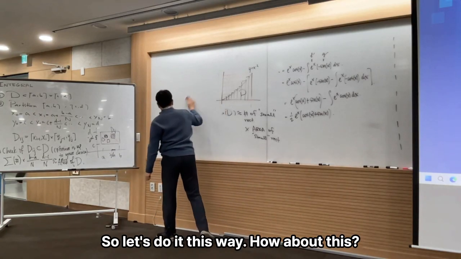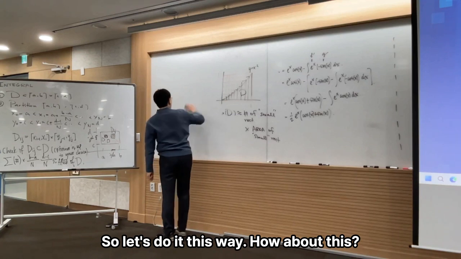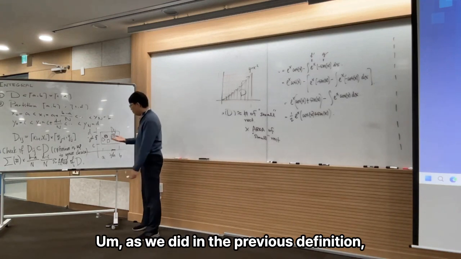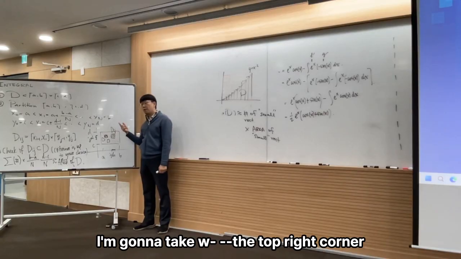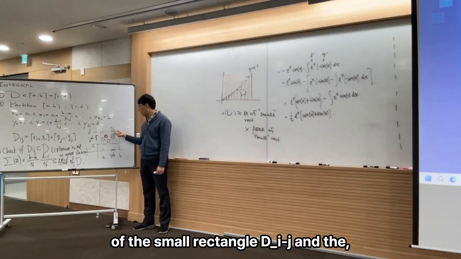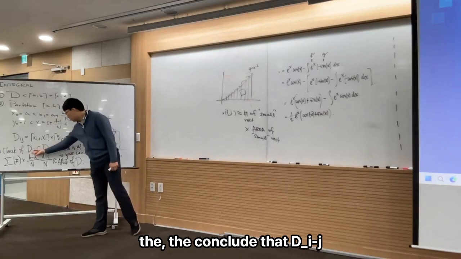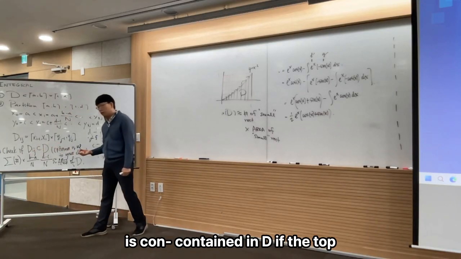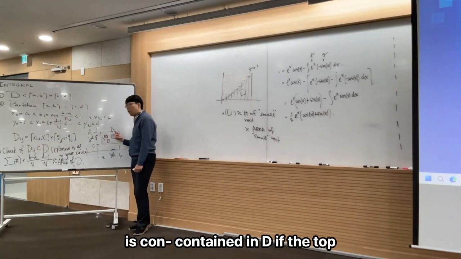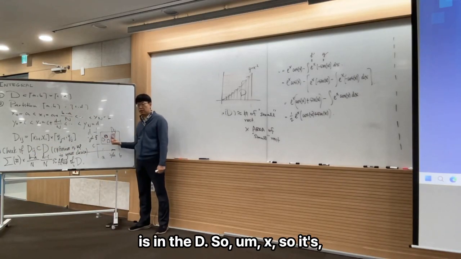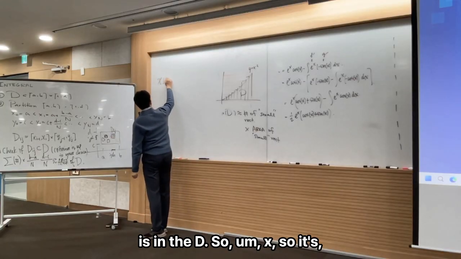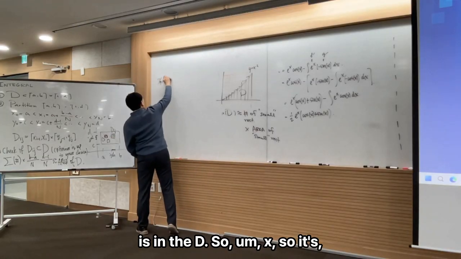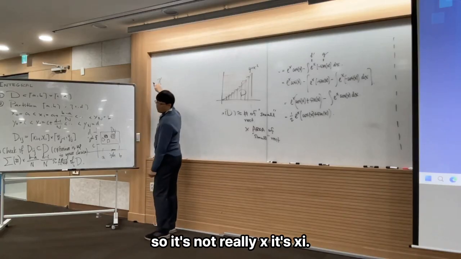So let's do it this way. How about this? As we did in the previous definition, I'm going to take the top right corner of the small rectangle Dij and conclude that Dij is contained in D if the top right corner point is in D. So it's not really x, it's psi.